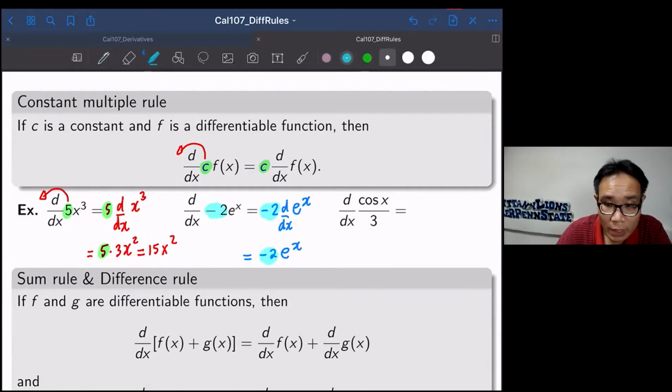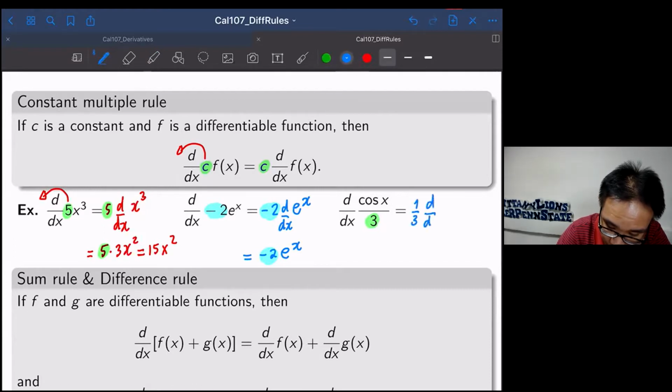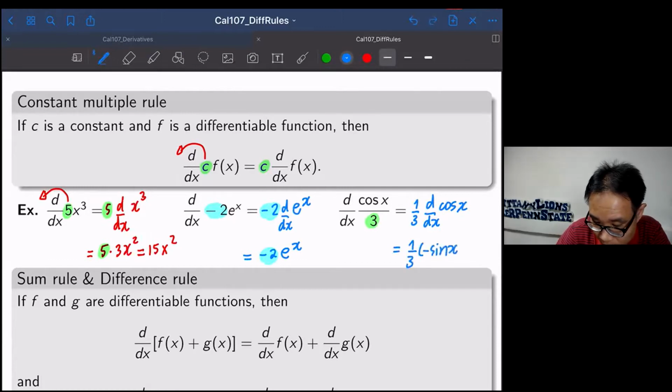And you have 1/3 here as a constant multiple, so you take 1/3 outside, and you have d/dx of cos x. The derivative of cos is negative sine x, and this will be your final answer.